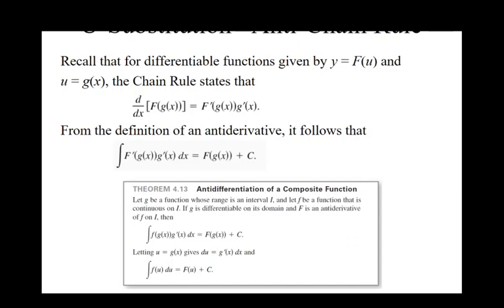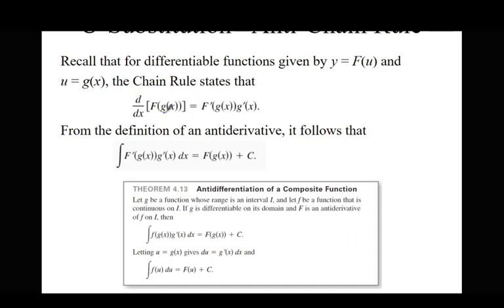So when we did the derivative, recall that for differentiable functions given by y equals f of u and u equals g of x, the chain rule states that when you take the derivative of a function inside of a function, you get the derivative of the outside with the function still inside, times the derivative of the inside.